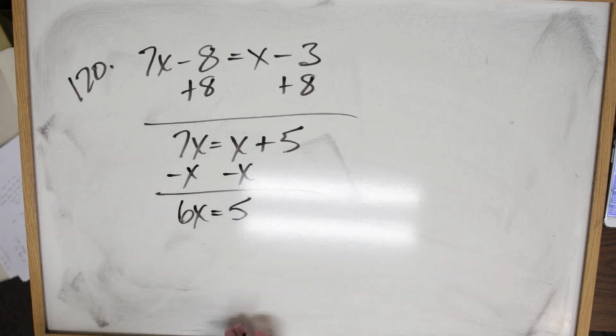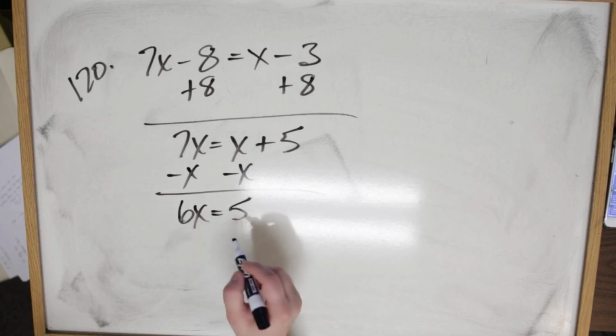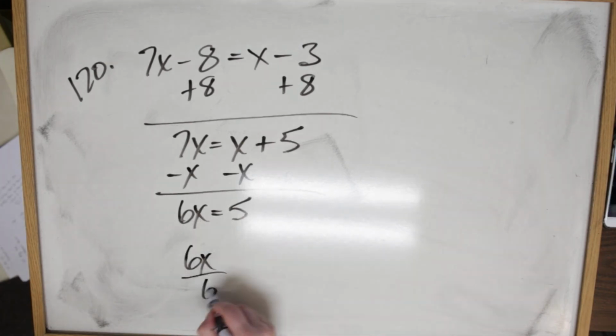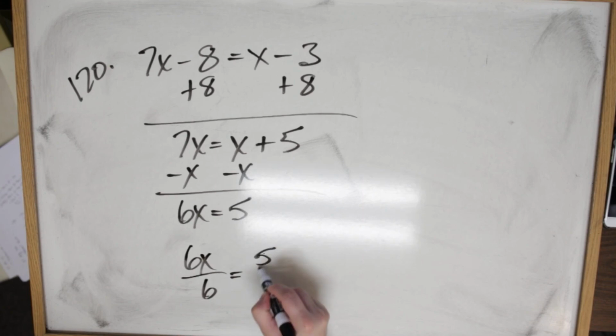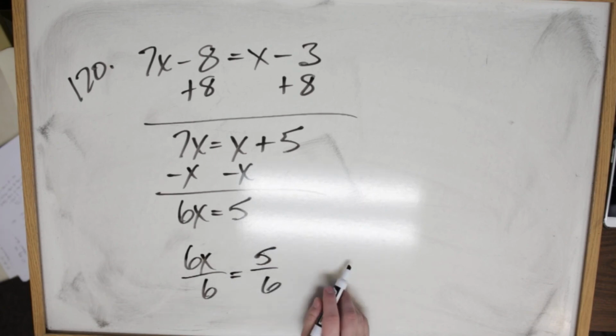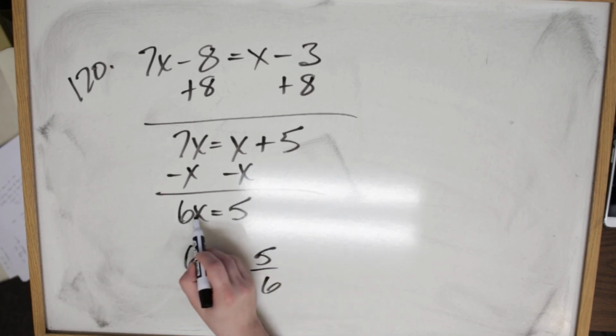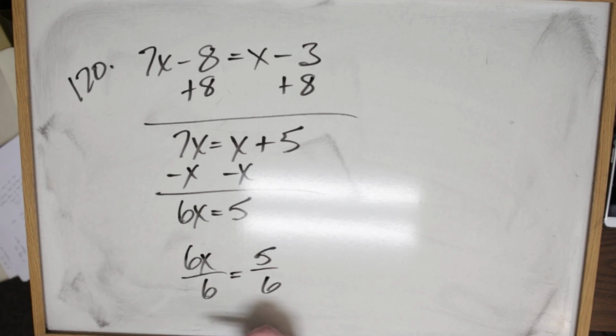And then we will go ahead and divide both sides by 6, because we have this multiplying and we want to get rid of it. And there we go. We're going to find that x is equal to 5 over 6.